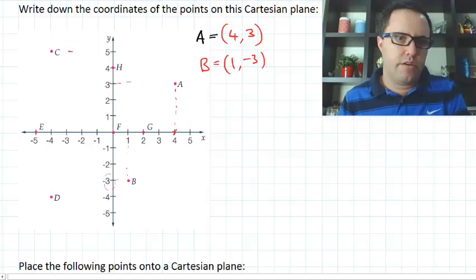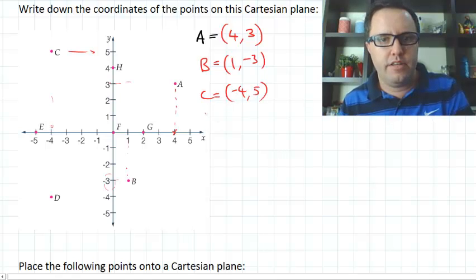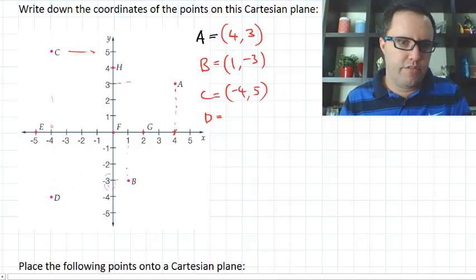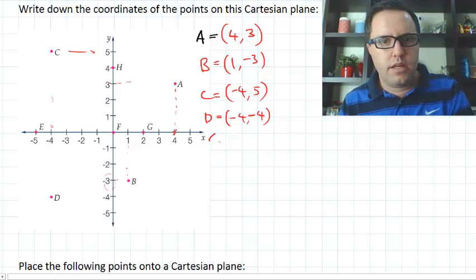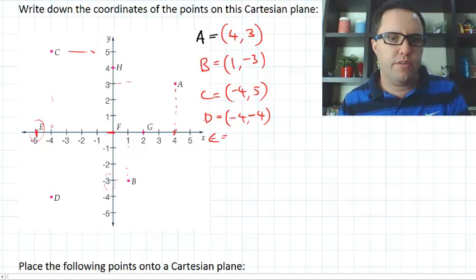C is up at negative 4 and 5, so C is equal to negative 4 comma 5. D is down here, we've got negative 4 and negative 4. E, where's E? Over here. It's on the x-axis, so we've got negative 5 for its x value, and its y value is 0.